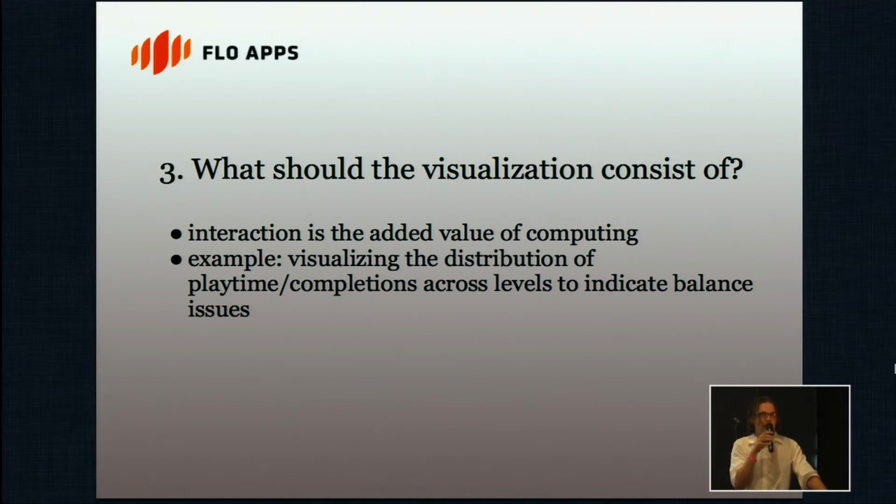As I showed with the Napoleon example, visualizations have been around for quite a long time by now, but the definite added value of computing is the interaction. So most likely you would want to have different selectors within your visualizations to make them more interactive.